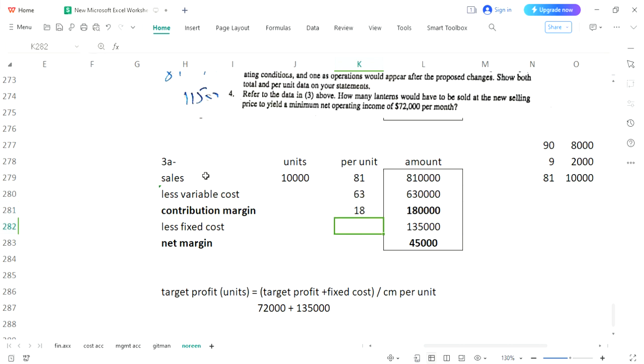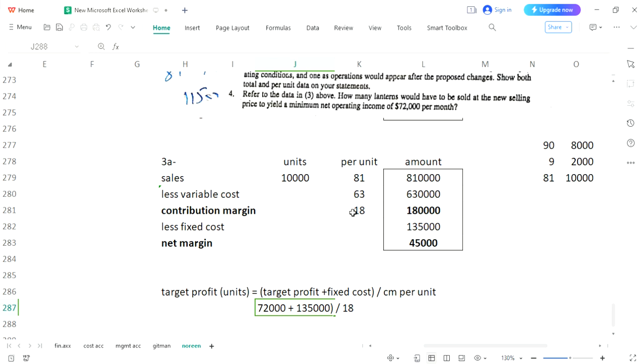So you have got your contribution margin as 18. So here complete your formula. Your target profit was 72,000, your fixed cost 135,000, and you are going to divide by CM per unit, and CM per unit 18 you have calculated over here.